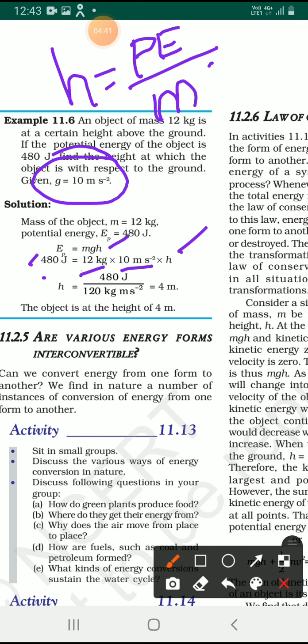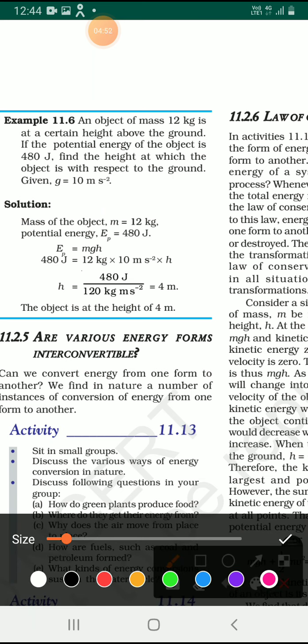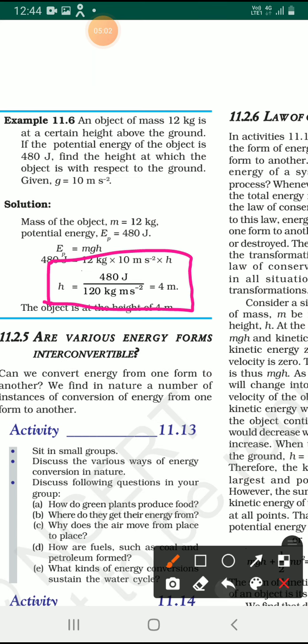The formula becomes like this because we need to find H. So H is equal to 480 divided by 120. Why 120? Because 12 into 10 is equal to 120, so 120 kilograms taken. And here you can see that the 10 gets cancelled.